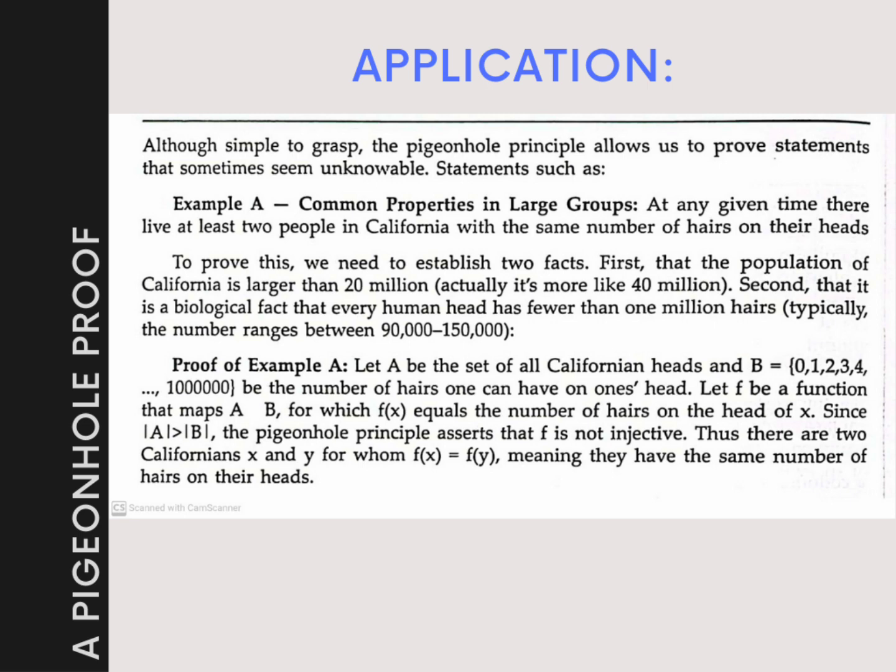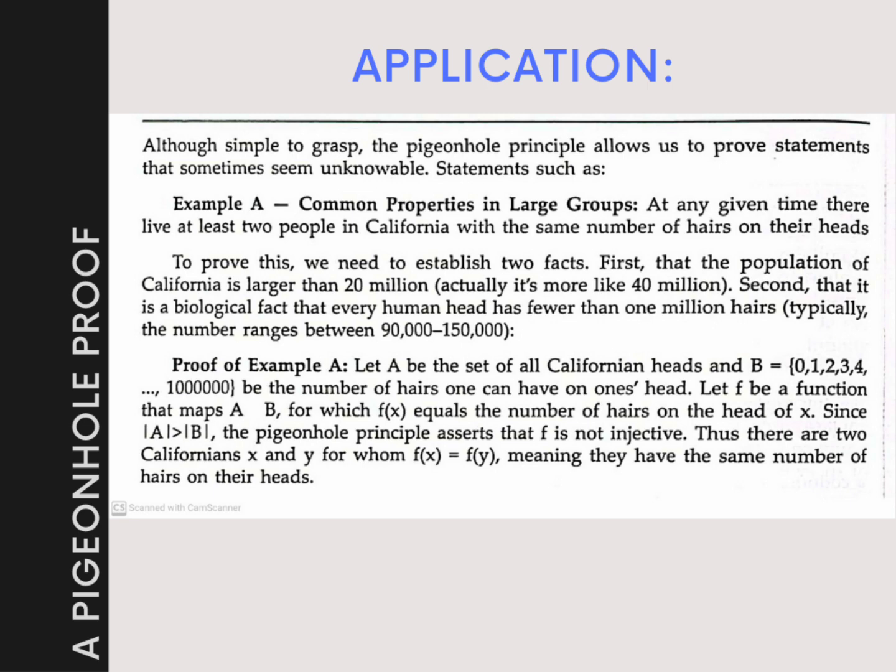So in application, although simple to grasp, the Pigeonhole principle allows us to prove statements that sometimes seem unknowable. Statements such as common properties in large groups. At any given time, there live at least 2 people in California with the same number of hairs on their heads.